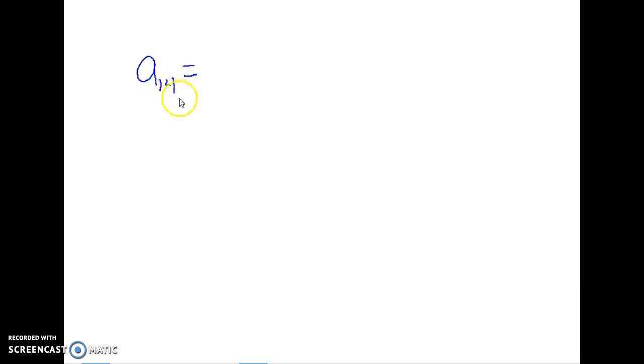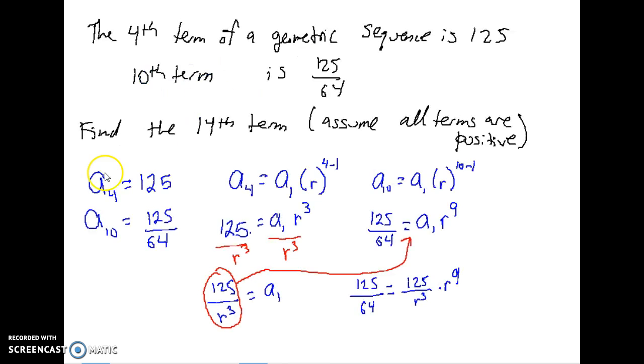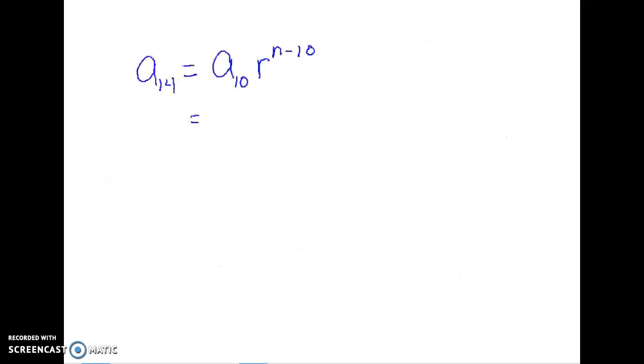What I am going to do is say a of 10, and then use my r, and this will be n minus 10. Again, I don't need my first value. I know what my 10th term is. The 10th term was 125 over 64. Oops, not 124.